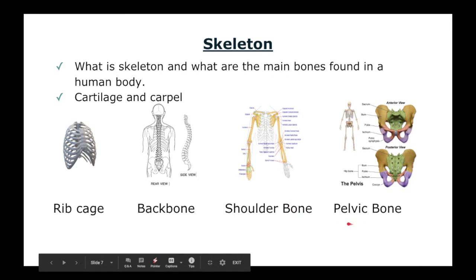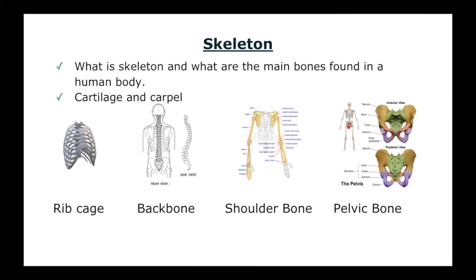Now we are going to see the last bone, that is the pelvic bone. The pelvic bone is located next to the stomach on the lower side. It is the main bone on which we sit, and important vital organs like kidneys and genital organs are present inside it.